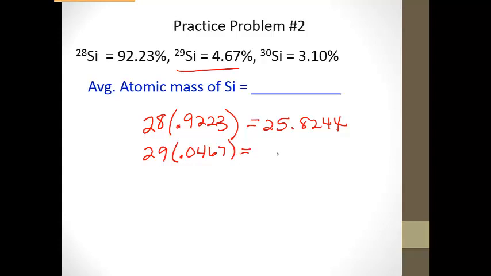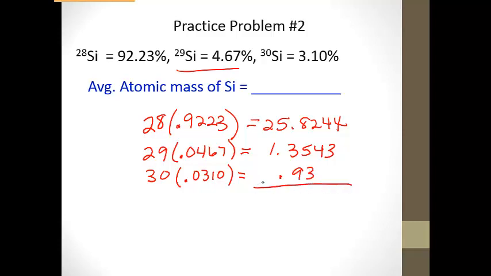And that one gives us 1.3543. And then our third isotope has a mass of 30, and it's not very abundant, only 3.10%, so 0.0310. And that gives us only 0.93.